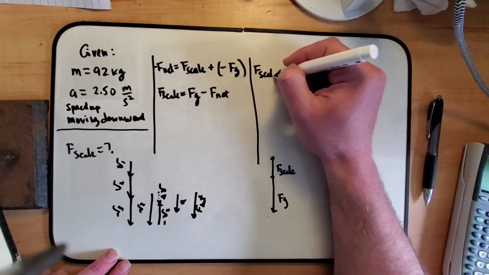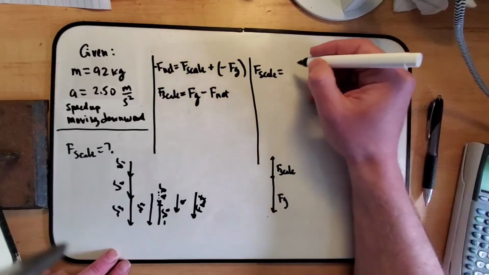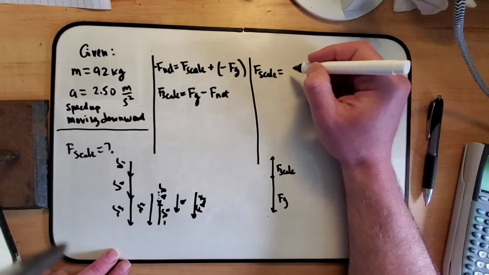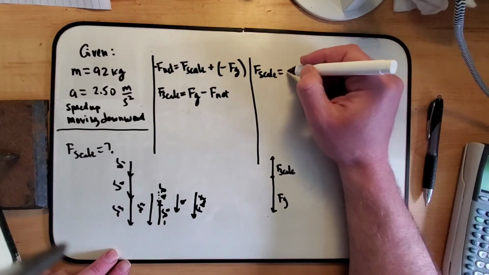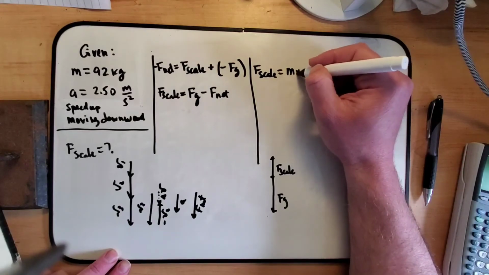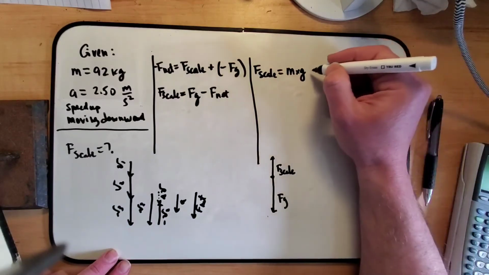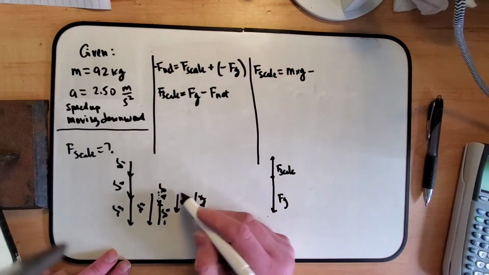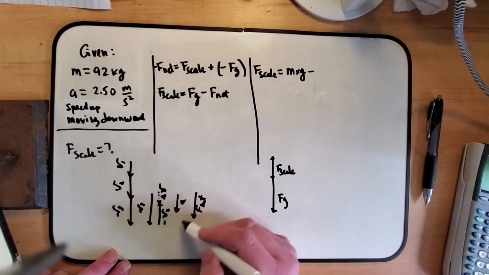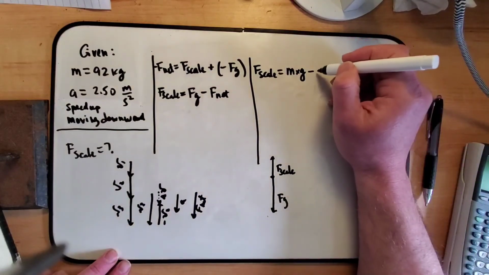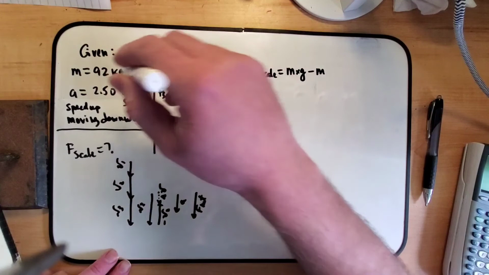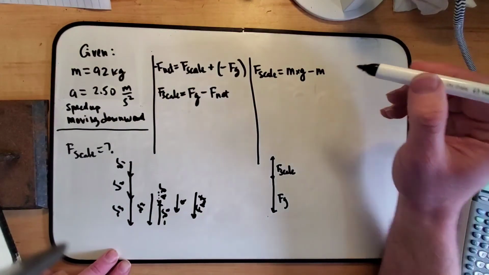F scale is equal to, now I'm gonna represent force. Here is the second law of Newton, which is M times G minus, remember guys, the A is going downwards, pointing in the negative direction. This is where I'm going to take care of this negative, doing this setup in here, when I put the negative and positive in front of these forces here.